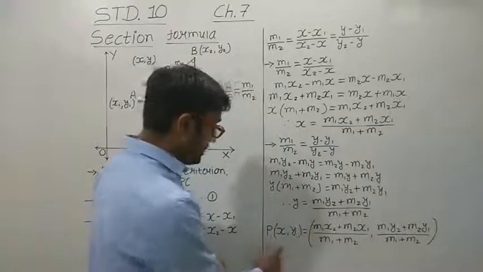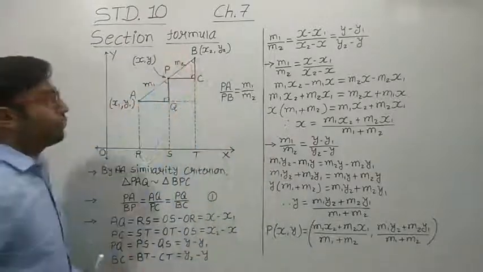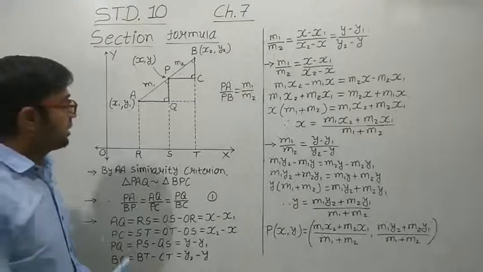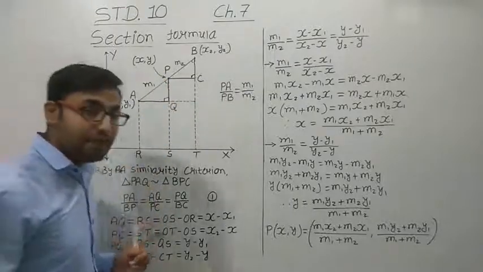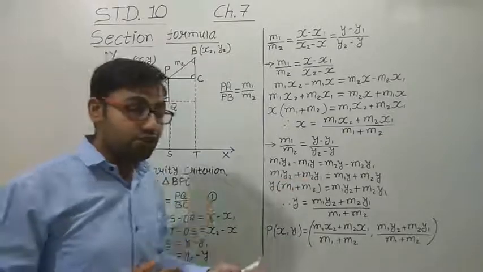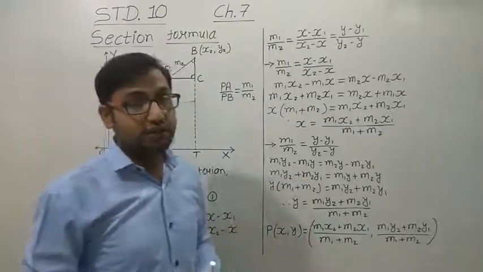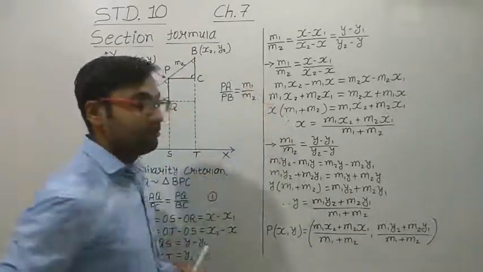This formula is called the section formula, because P divides the line segment AB into two sections. But in which proportion, in which ratio, we don't know. That is M1 and M2.